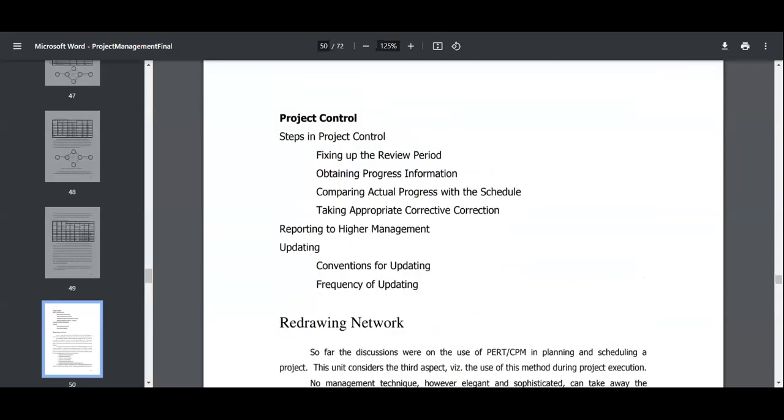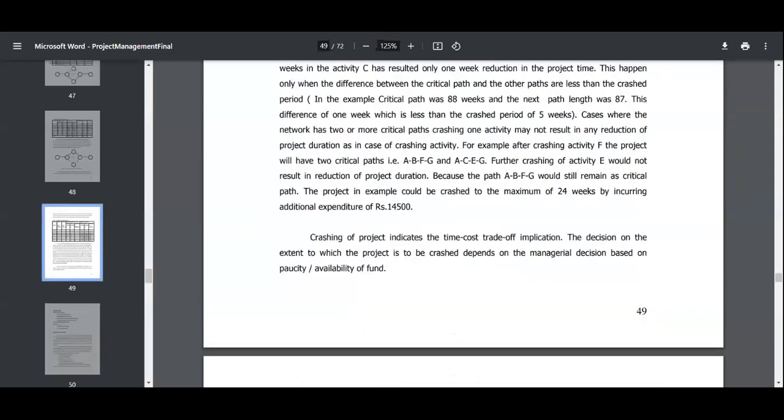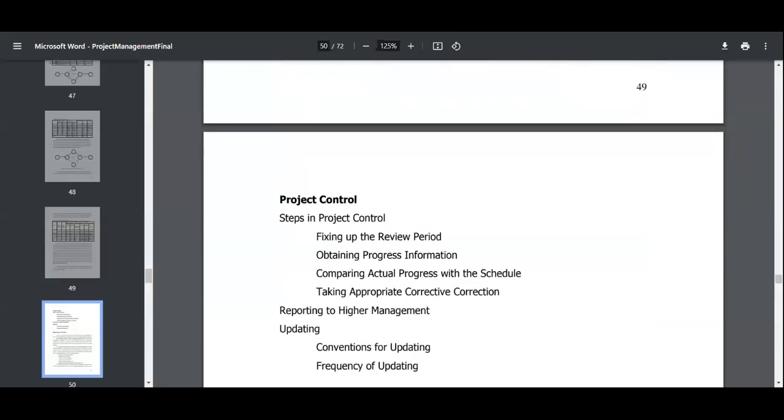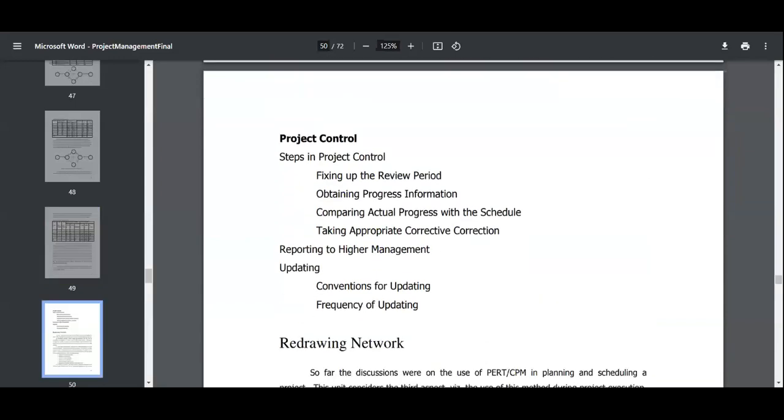So I hope you understand what I am telling today. There is the project control and it will start on next session because it's also important.